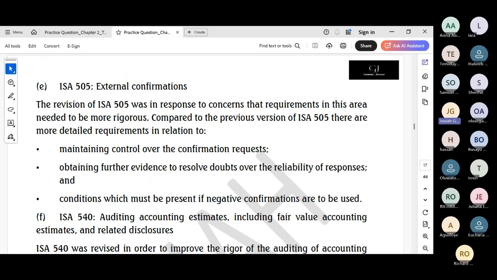Yes, please. When you say make sure management is not aware, from my own understanding, external confirmation is part of audit evidence, right? Yeah. And this has to do with the auditor going out to, maybe, get an account balance confirmation from the bank.